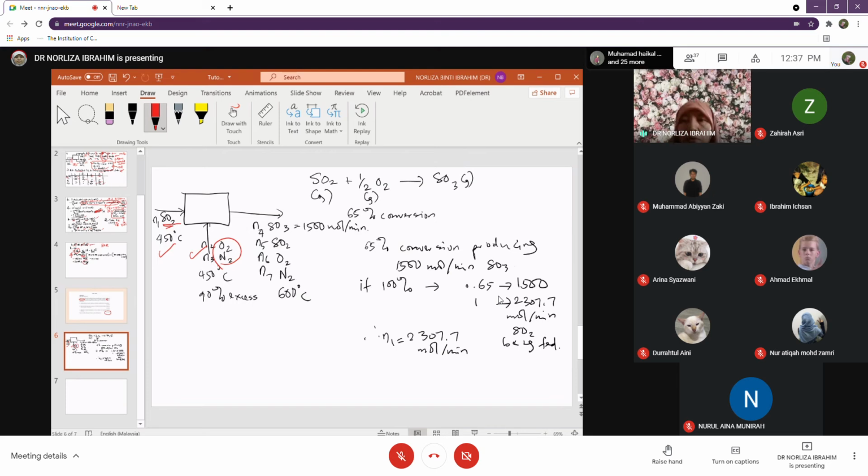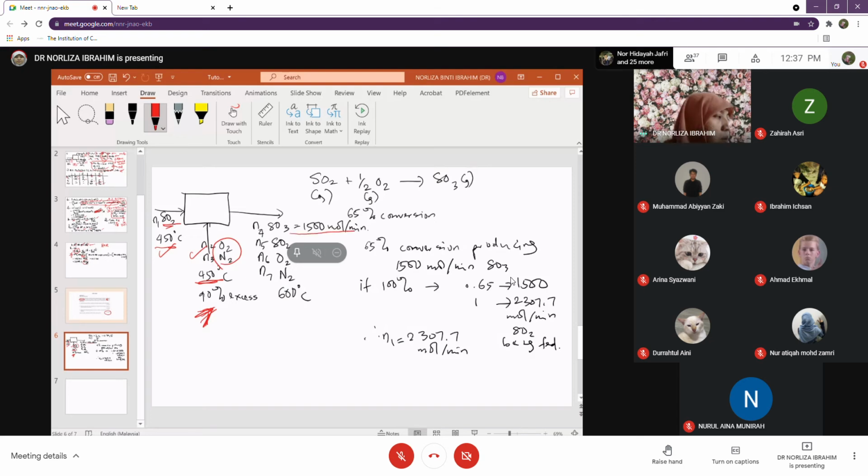But normally, if any reactant reacts with air, I put it into two different streams. You can put it in one because the temperature is also the same, 450 degrees C. So if you put it in one stream, it can still be accepted. And the product of SO3 here is 1,500 mole per minute.